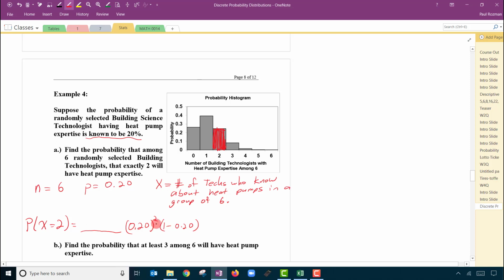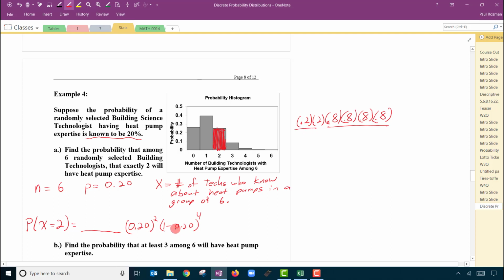In a group of 6, I need 2 people to know it, and then I need 4 people not to know it. Now think of it as 0.2 times 0.2 times 0.8 times 0.8 times 0.8 times 0.8. That's 2 people that know it and 4 people that don't.